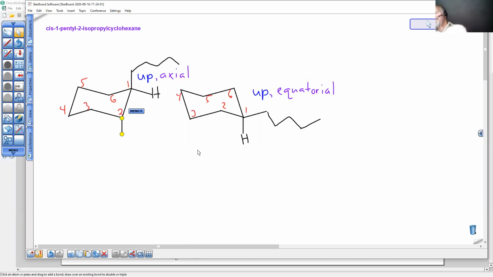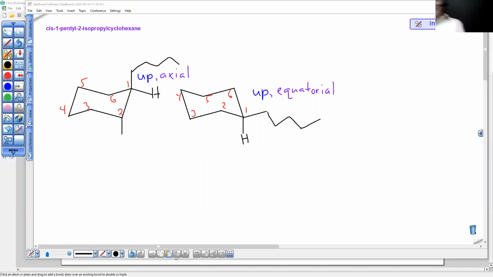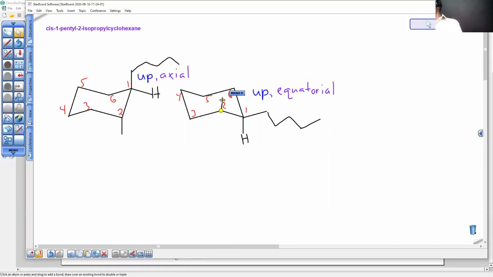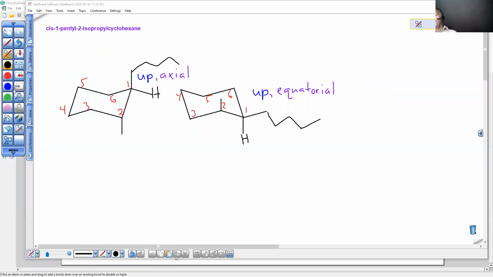The axial has to point up. Axial means straight up. I'm having trouble with straight up, aren't I? Computers sometimes get us out of pickles. There. And then you draw equatorial.